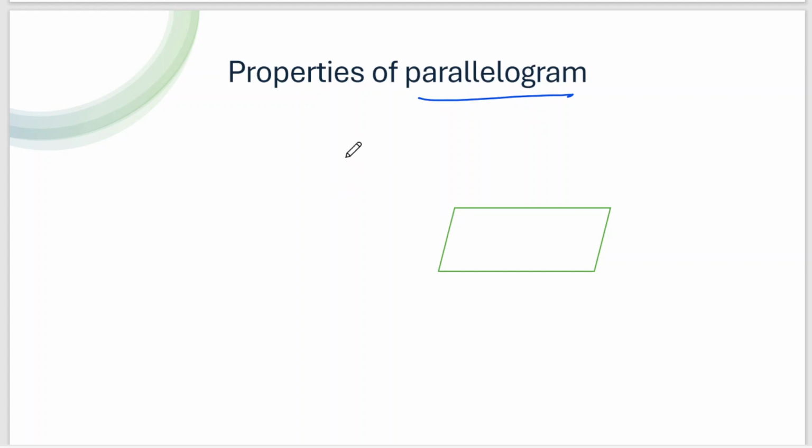I have drawn a quadrilateral here, and how can I say that this quadrilateral is a parallelogram? The first thing is that opposite sides are parallel.